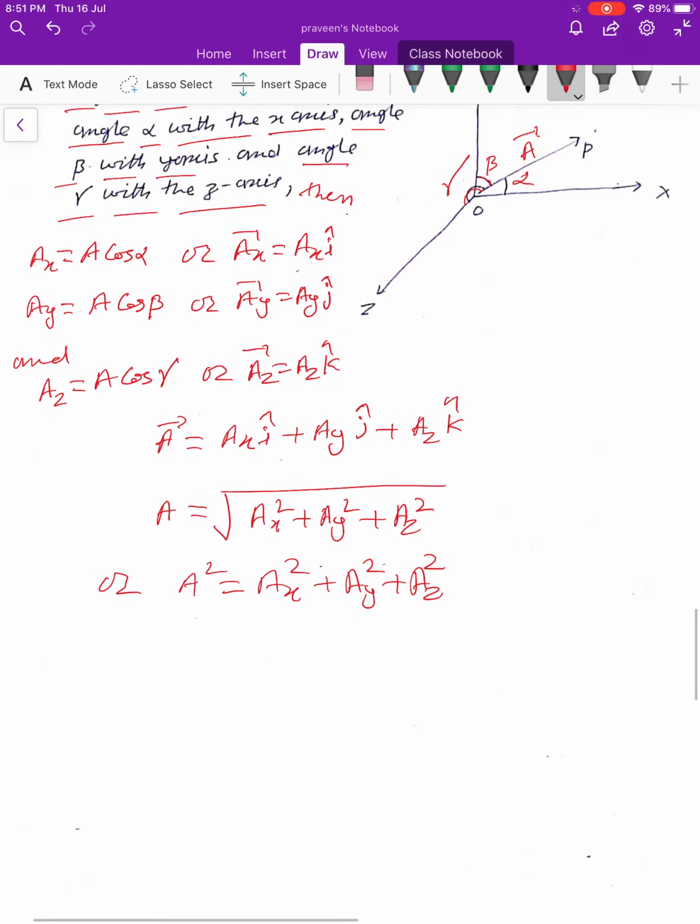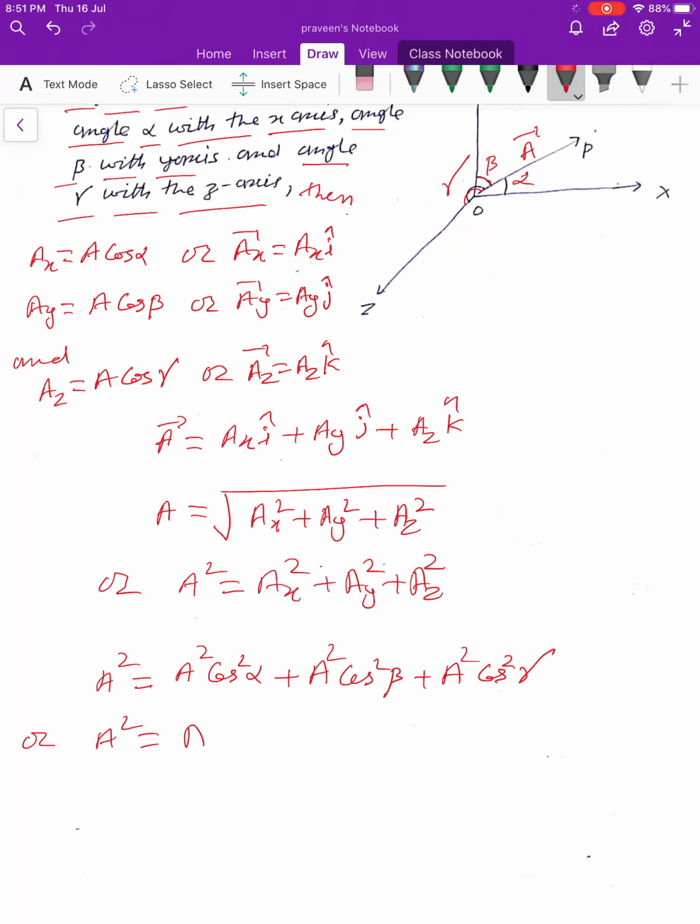Substituting Ax, Ay and Az in the above equation, A square is equal to A square cos square alpha plus A square cos square beta plus A square cos square gamma, or A square is equal to A square (cos square alpha plus cos square beta plus cos square gamma).